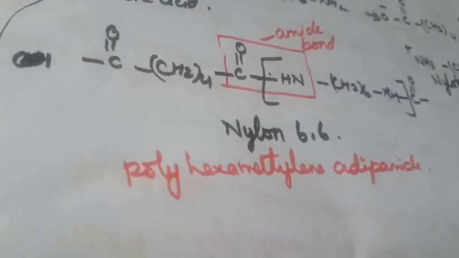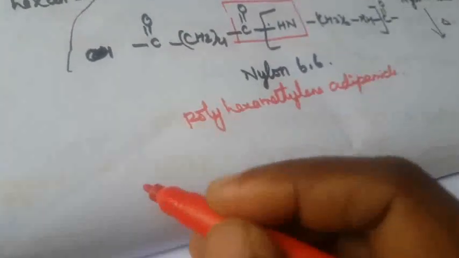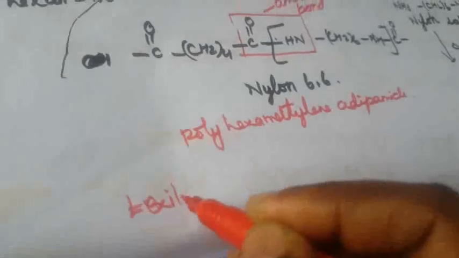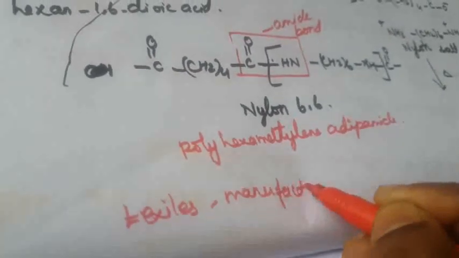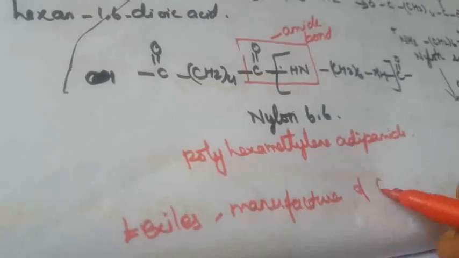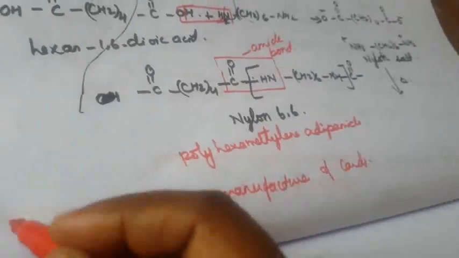Mainly it is used in textiles and the manufacture of cards. These are the uses of nylon 6,6.